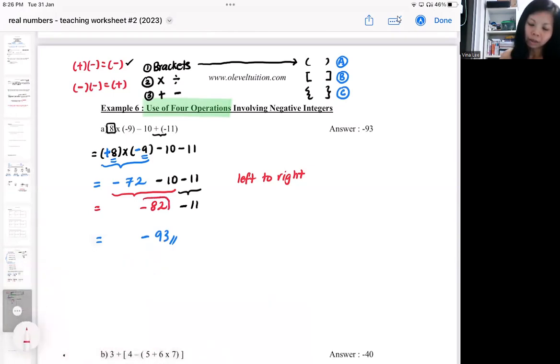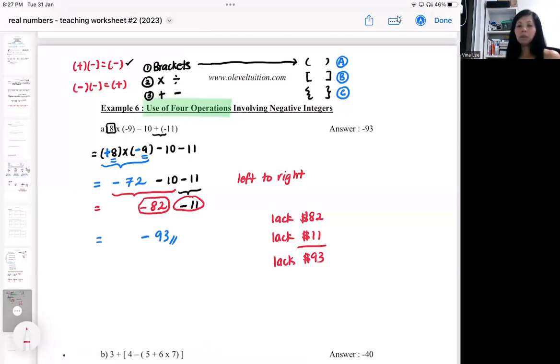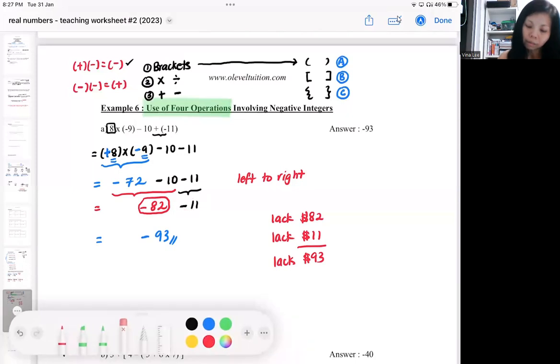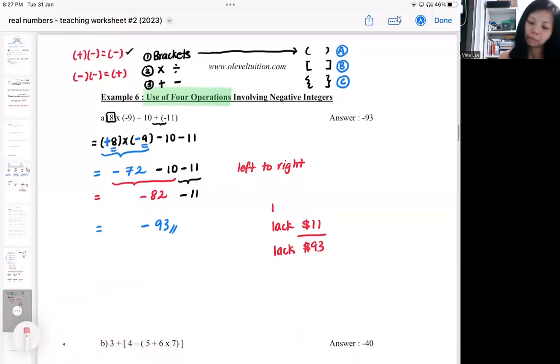When you're looking at this number, you realize that you lack $82. When you're looking at this number, you realize that you lack $11. So in total, how much do you lack? You don't have enough. That's how you can understand the idea, or you can use the number line.